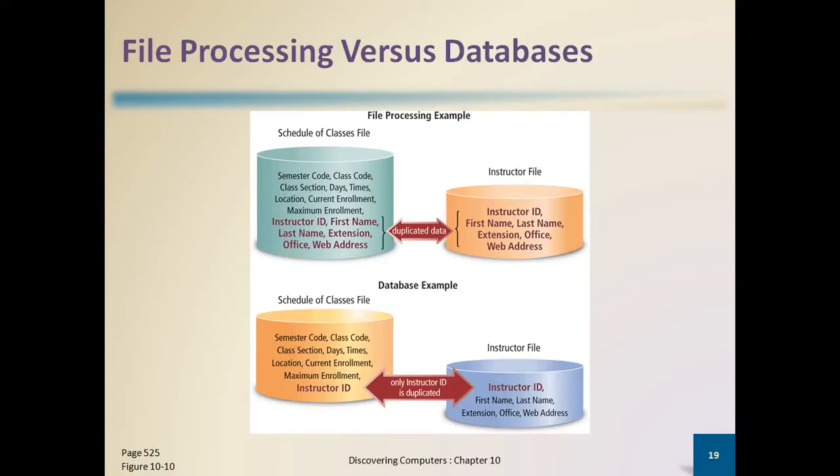Jadi perbedaannya, kalau di file processing example, dia langsung disebutkan instrukturnya, dan sedangkan kalau database itu dia hanya satu instructor ID tapi dia bisa meliputi first name, last name, extension, office, web address.